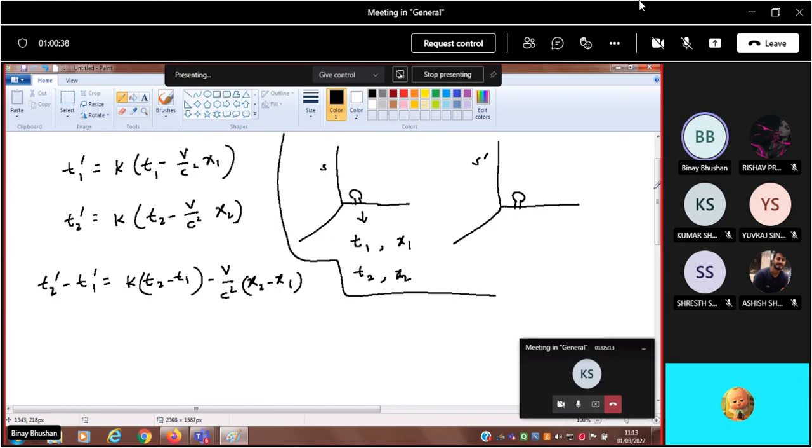Now suppose the two events are happening at the same time as seen from the frame of reference S. Right? The two events are happening at the same time. So what will happen to this expression? युवराज क्या होगा यहाँ इस एक्सप्रेशन में?